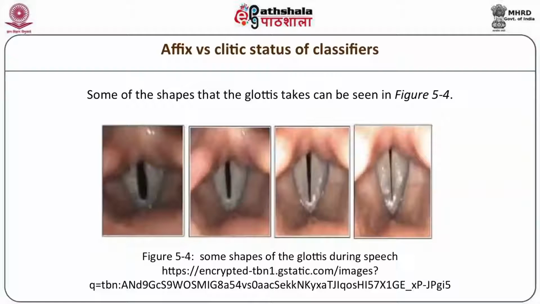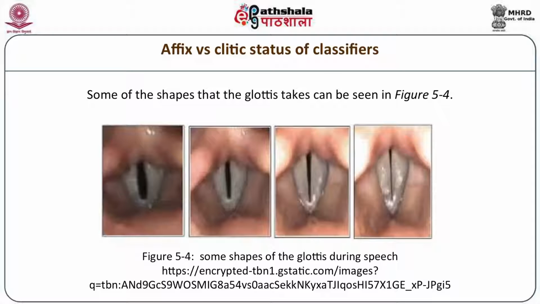So you have looked at the various shapes of the glottis in the video. Some of the shapes are shown in a static form in figure 5.5. As you will see there, from very wide opening to very slight opening, and then in between there are two medial states of the glottis with regard to the opening.